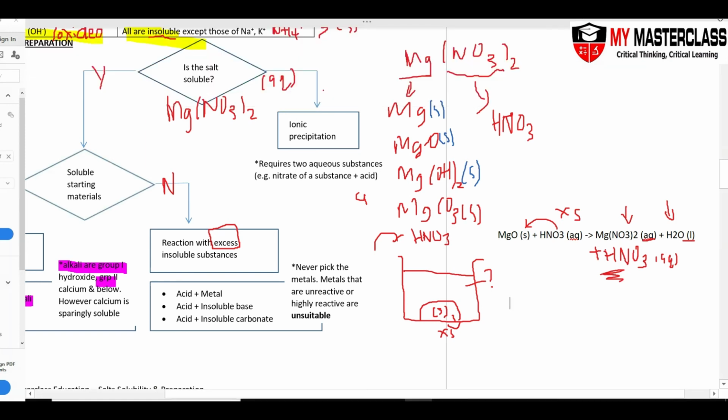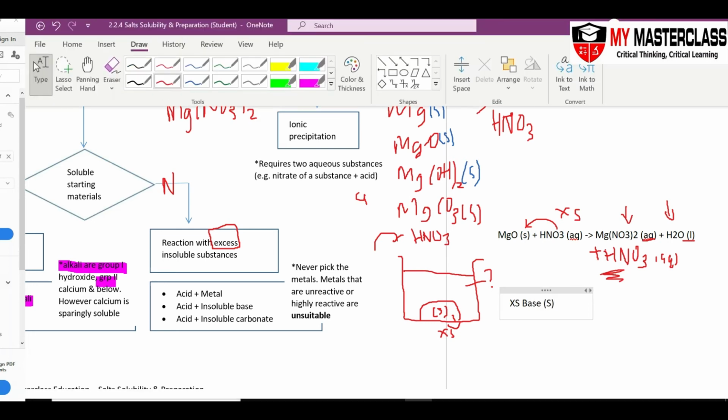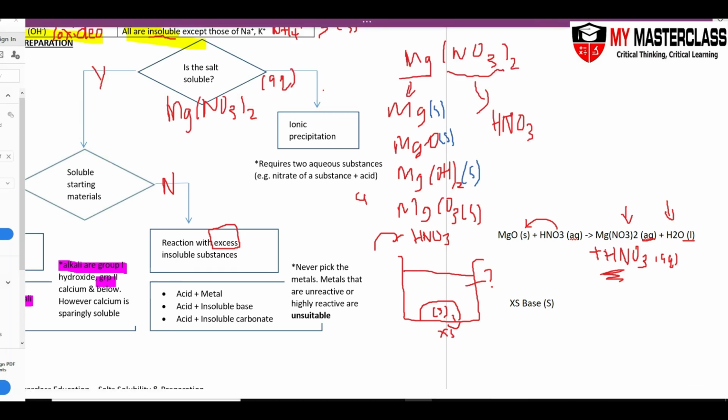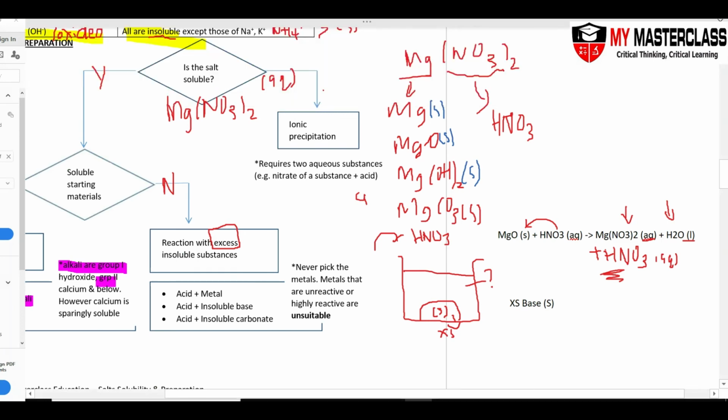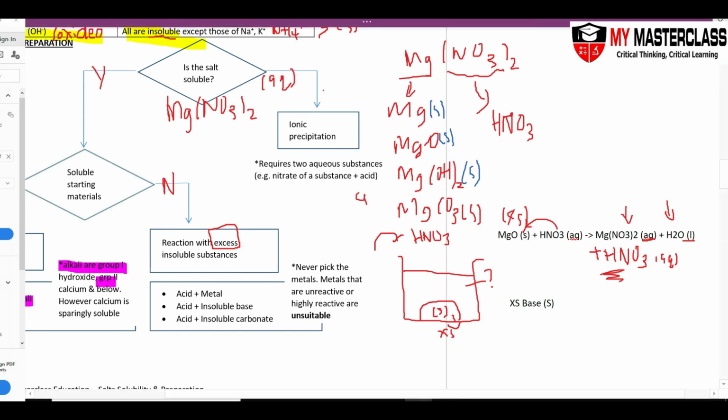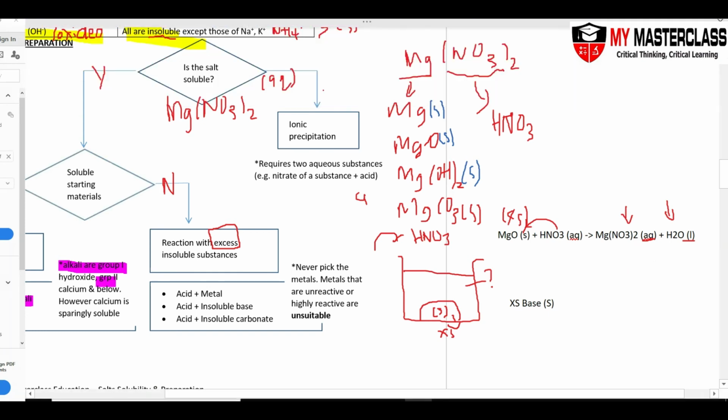This is when you add excess base. So add the excess solid. So instead of pouring in the acid disregardingly, I must add excess solid. So at the end of your reaction, because there is excess solid, all the acid is used up. So you will not have nitric acid inside, but instead you will have the MgO, the base that you choose.